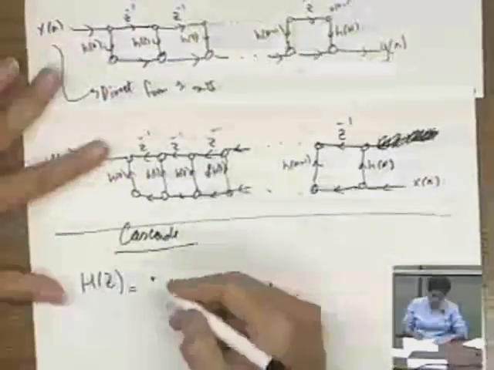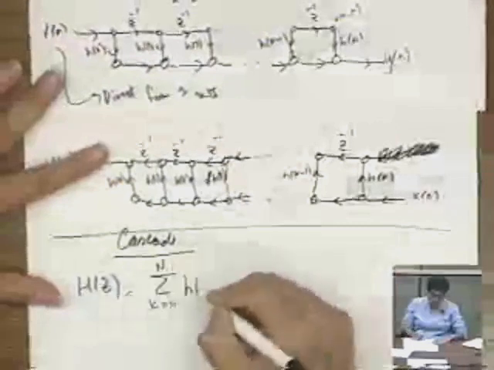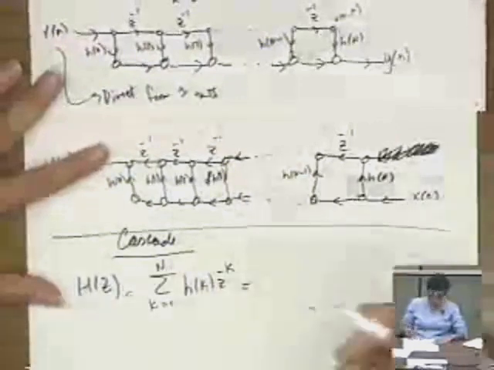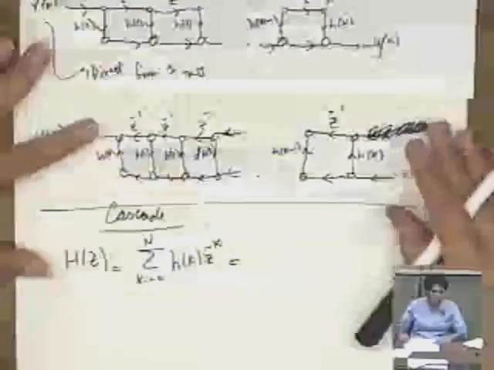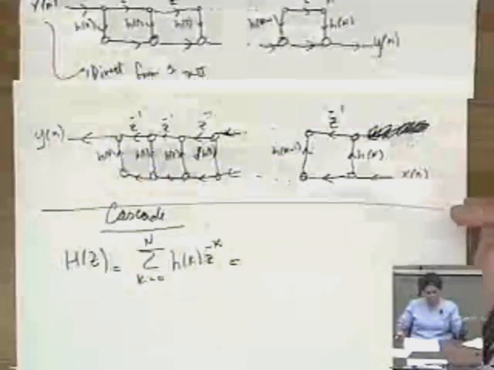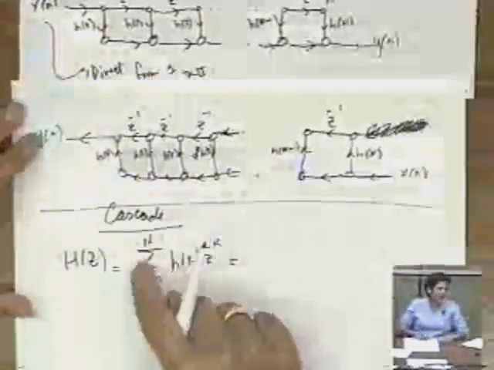So how would the cascade structure look? Well, you start with your H of z, which we wrote already earlier, the sum from k equals 0 to N of h of k, z to the minus k. We can write this as a product of general second-order terms that sometimes become first-order.